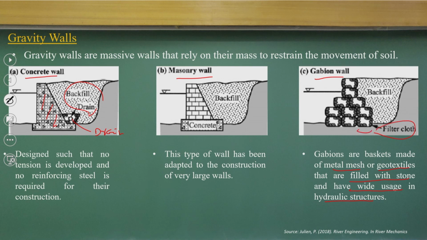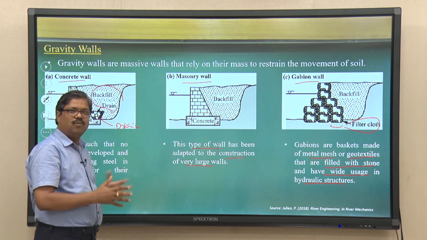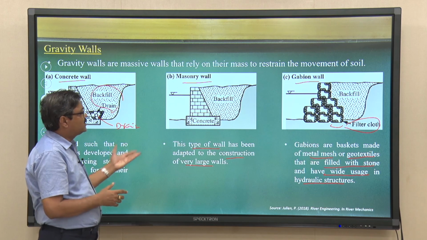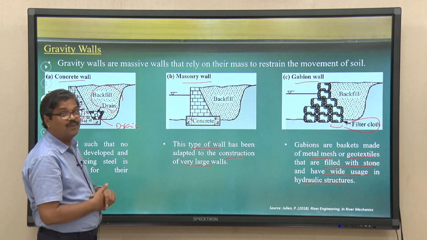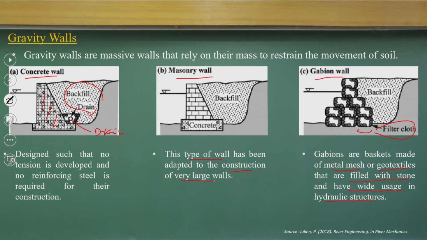This is a typical wall you can construct, and here you can have the concrete walls. These are the basic structures. You can protect a smaller reach that is more vulnerable, because it is quite expensive to have this type of structure where the channel depth is more than 5 to 6 meters; then the cost will be much larger.